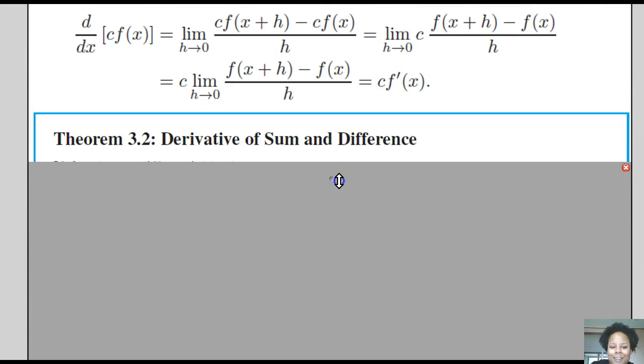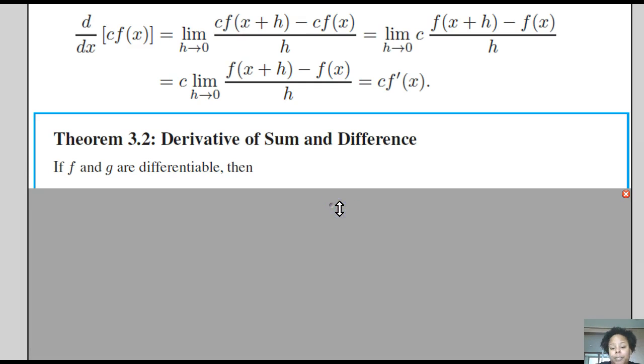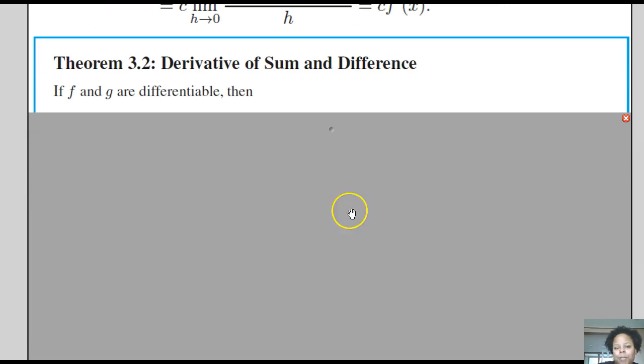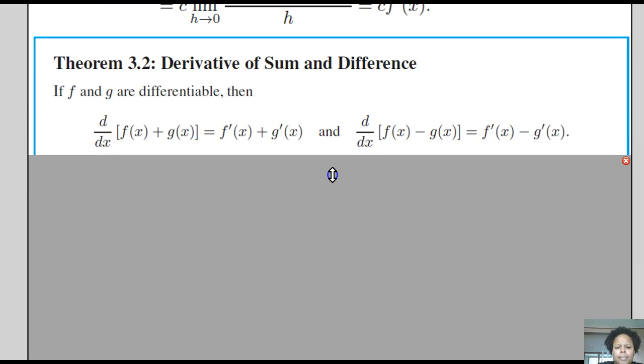Let's take a look at another property: the derivative of sums and differences of functions. Let f and g be differentiable, which means the derivatives of the functions exist on their domain. Taking the sum of the two functions, we're going to show that the derivative of the sum function is equal to the sum of the derivatives, and the same holds for differences.